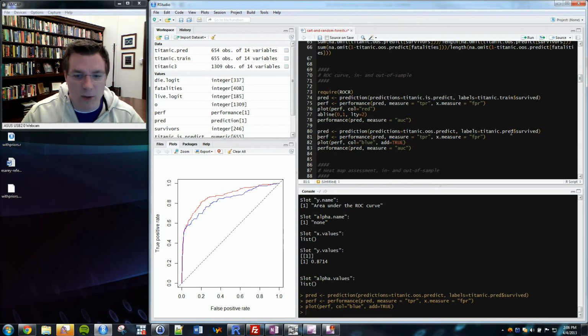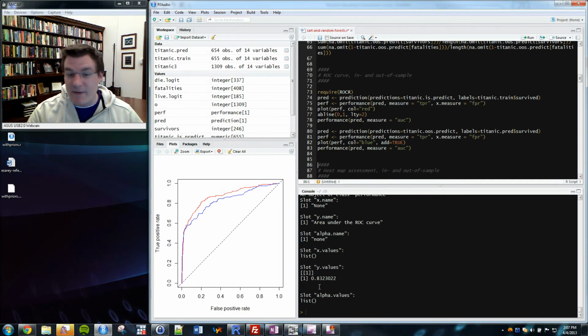And as we would guess, the performance on the test data set is not quite as good as it was on the training data set because the model didn't have the advantage of being able to look at these data first before it got to predict them. But the curves are pretty close, indicating that the classification doesn't really fall off that much. And the area under the curve, 0.8323, is pretty close to the area under the curve for the training data set. So again, not terrible, not bad.